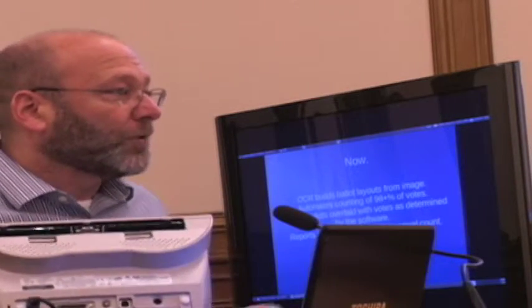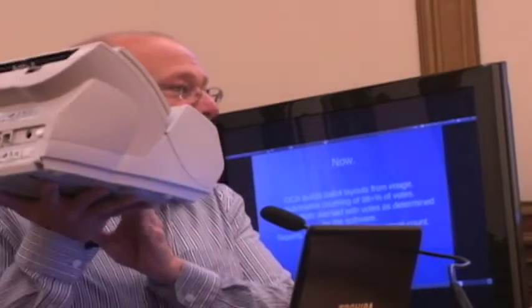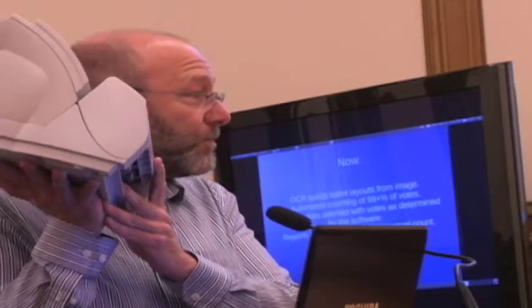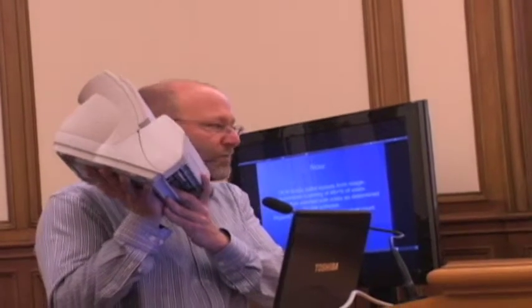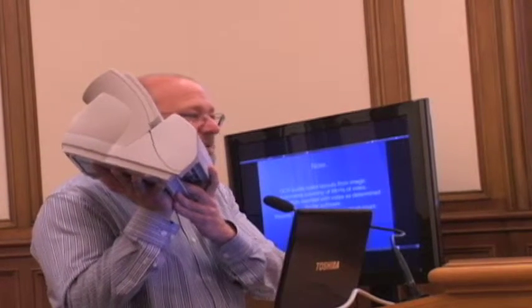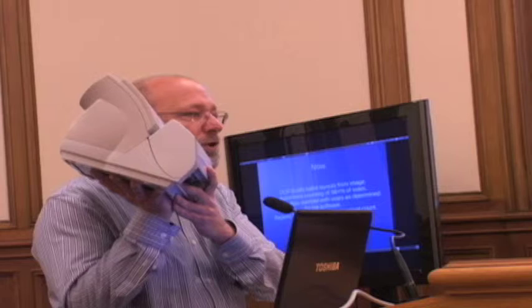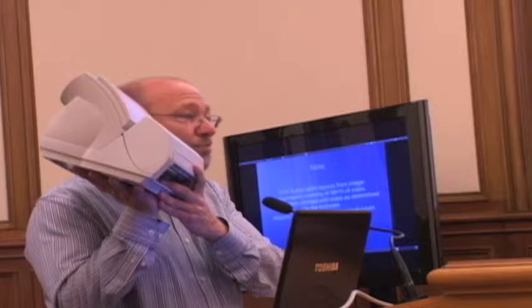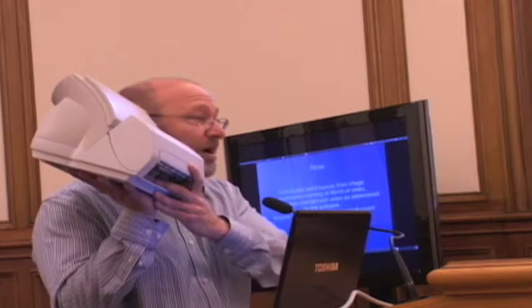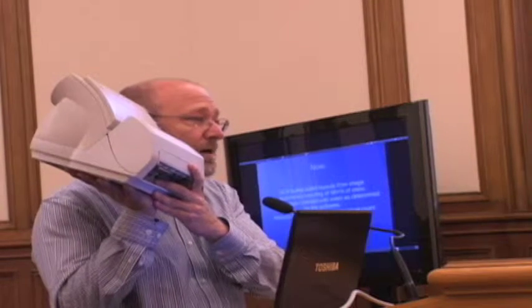We use an expensive scanner for the central count, but if you were to implement something like this at the precinct level, then you could take something like this. This is a Fujitsu 4120C2. It probably retails for about $1,000, maybe $1,500. You can get them used for $500, and this will do 30 ballots per minute. Most precincts are only going to have 500 ballots maximum.